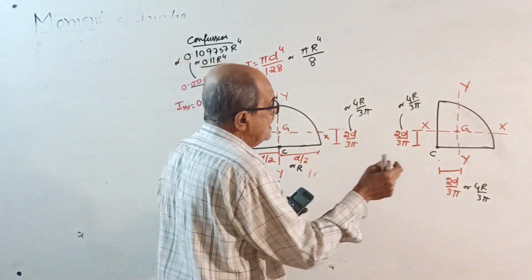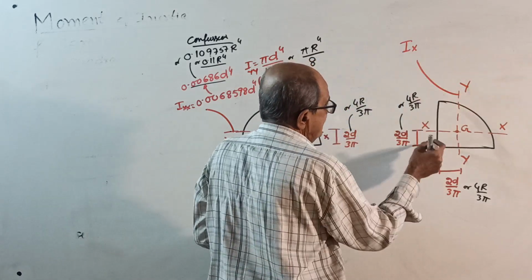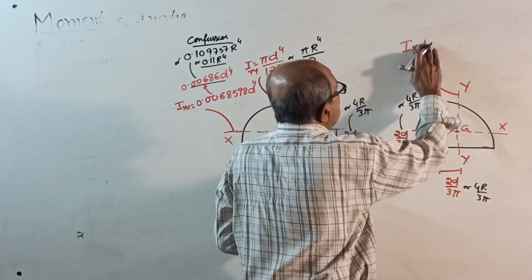Okay, here what happens is, I about xx and I about yy, both are equal.